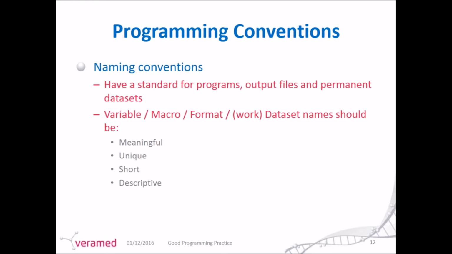Really, in a nutshell, it's about having a standard, and we specify in our good programming practice what that standard is, and we also say that the name should be meaningful, short, unique, and where possible descriptive. So our standard, just as an example, is that maybe for a table program we'd have a prefix of T underscore, and a listing program L underscore, that type of thing.